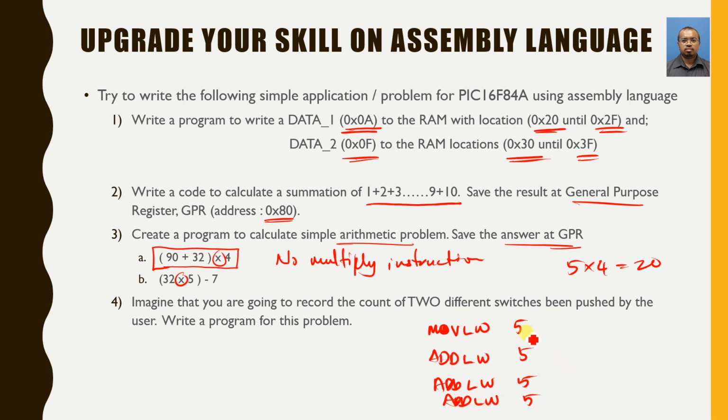So you add 5 four times. So basically you get in the working register the answer 20. Okay, so this is a simple 5 by 4.